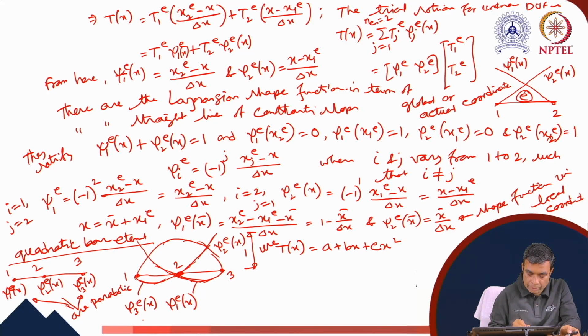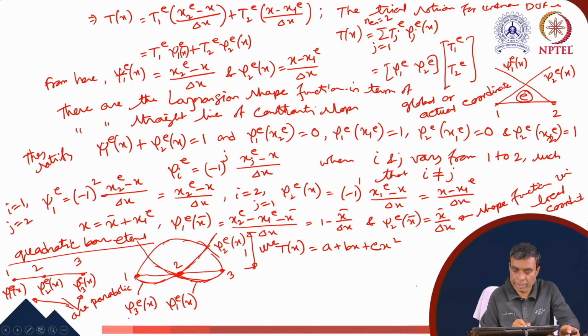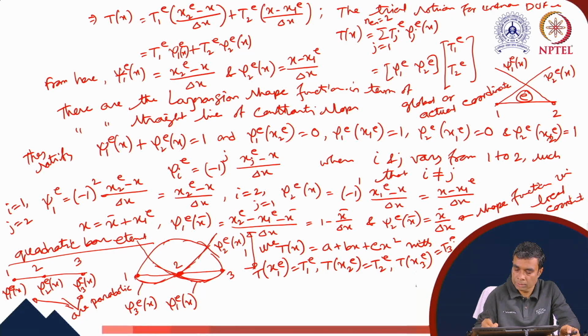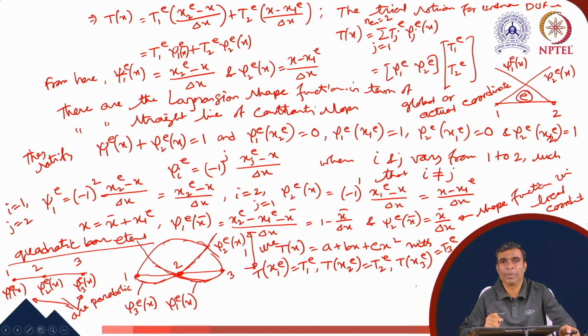Now we can think of the global coordinates as x1e, x2e, and x3e, with T at x1e equals T1e, T at x2e equals T2e, and T at x3e equals T3e. So by using these boundary conditions in this parabola, we can get a 3 by 3 matrix equation system.